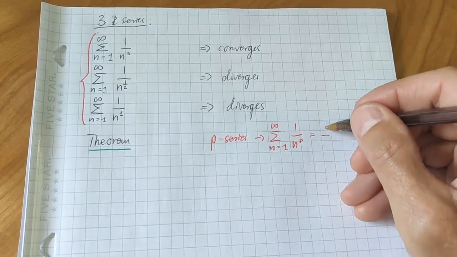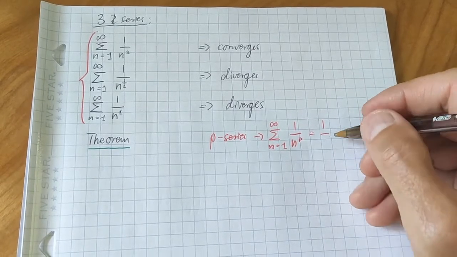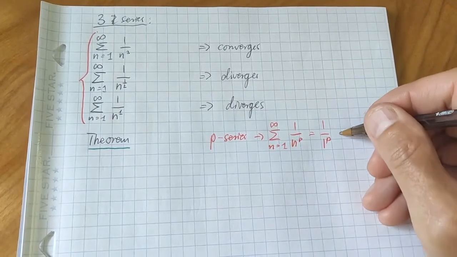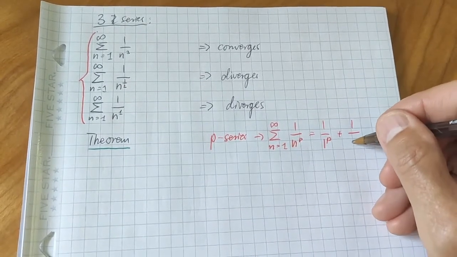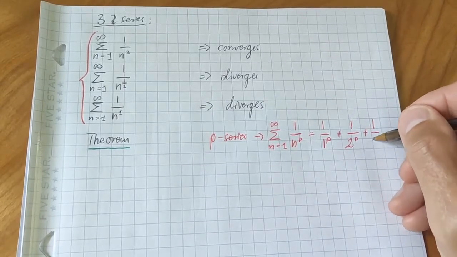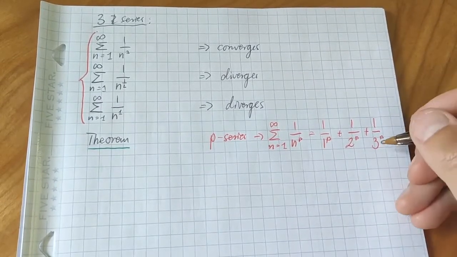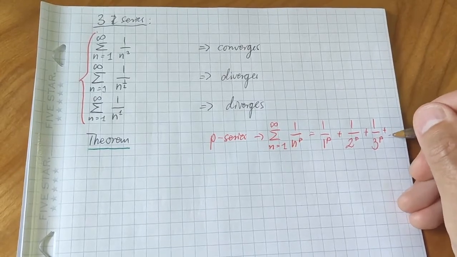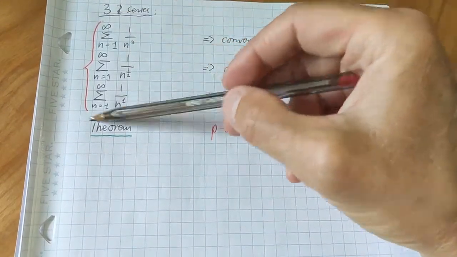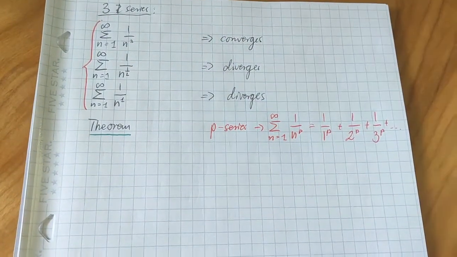So your terms would be 1 over 1 to some power p plus 1 over 2 to the p plus 1 over 3 with exponent p, and it keeps going. Okay, so that's a p-series, and we can see that all 3 of those are examples of p-series.